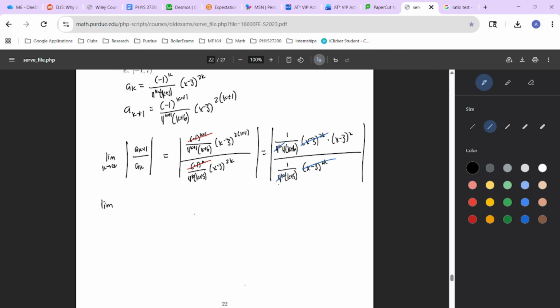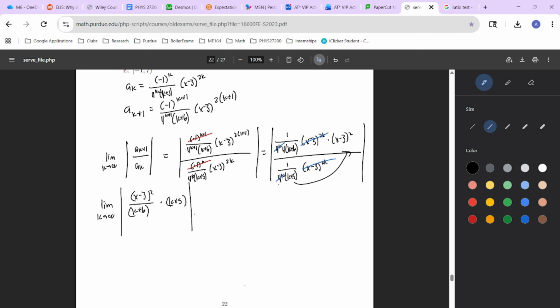The limit as k approaches infinity of x minus 3 squared, divided by k plus 6, then this goes up into the numerator, multiplied by k plus 5.